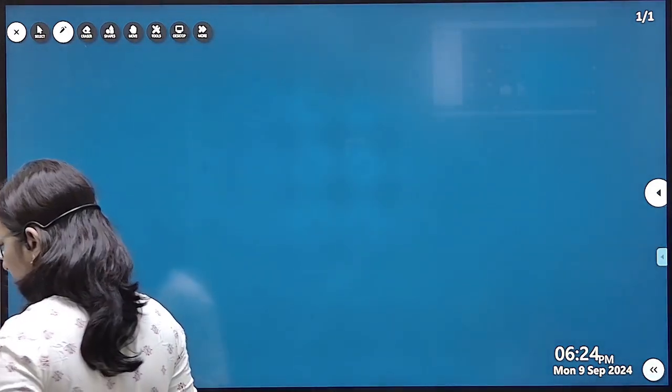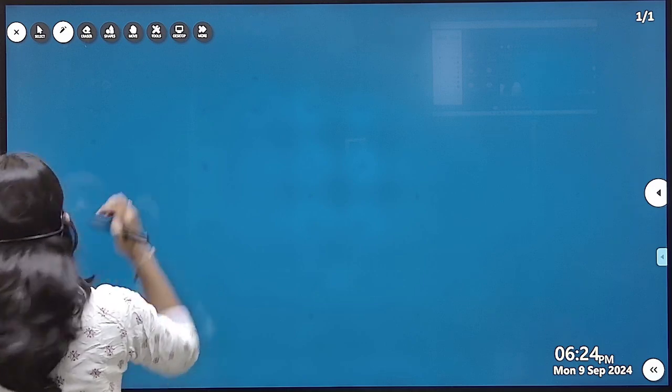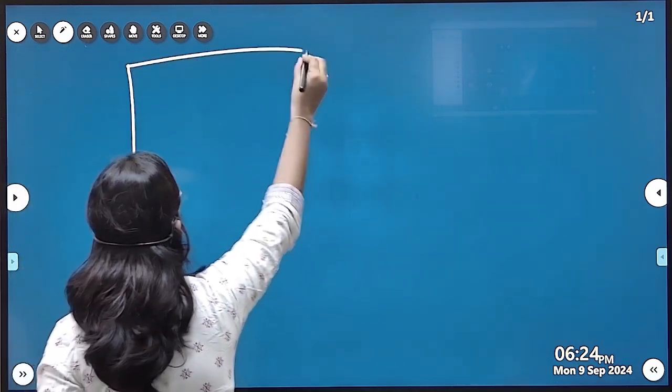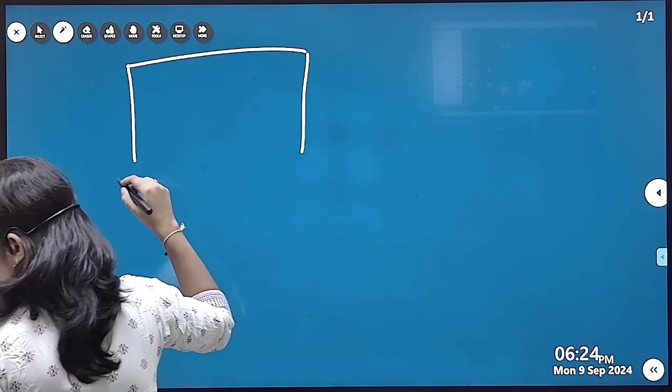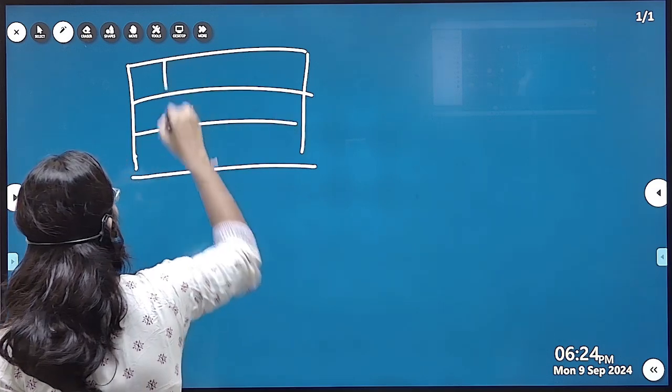So write down the question. Three rows and 4 columns make the matrix. 1 2 3.